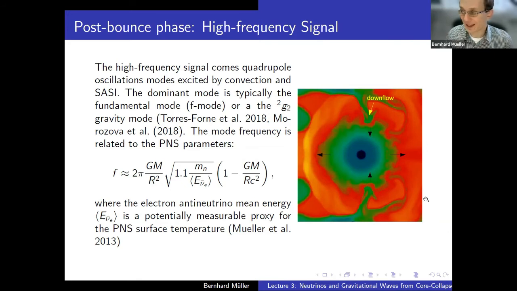So the neutron star mass, everything, the factors are confounding each other. So how well you can actually constrain an equation of state, I would be very careful at this stage. You need good inference studies combining gravitational waves and neutrinos. That I think is really very much an open question. You'll see different behavior for different equations of state, for sure, because they affect the neutron star radius, but how much you can constrain is a difficult question.